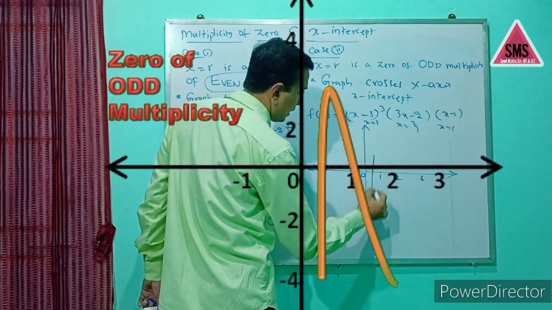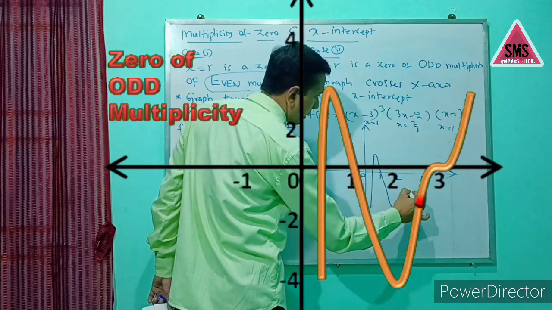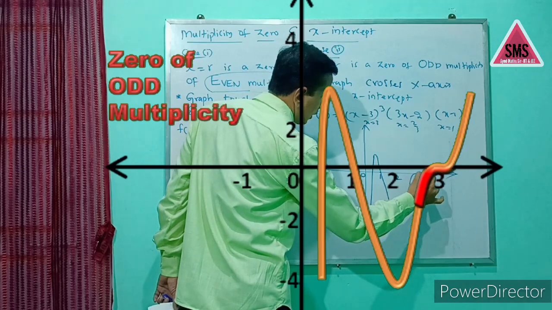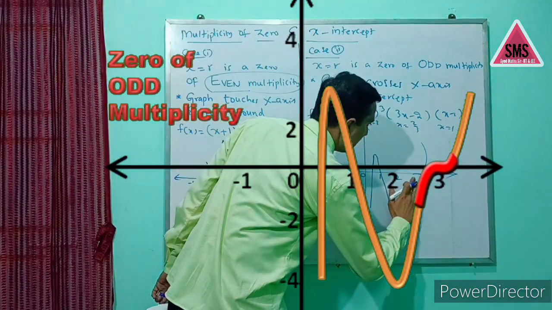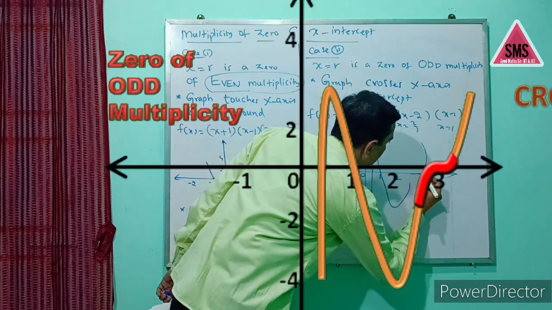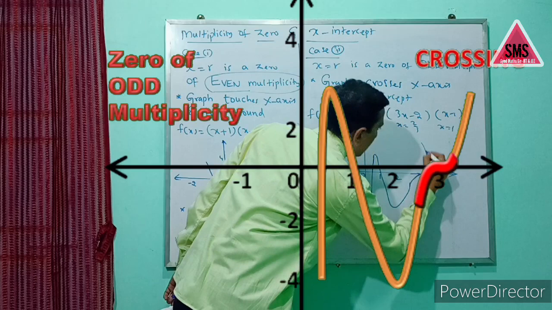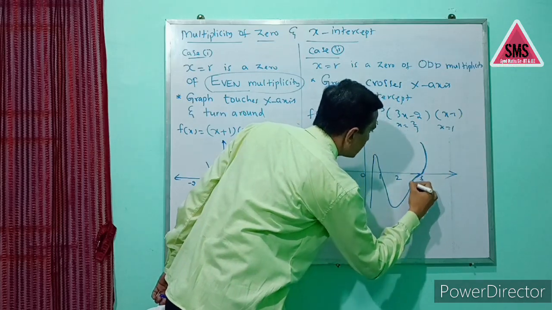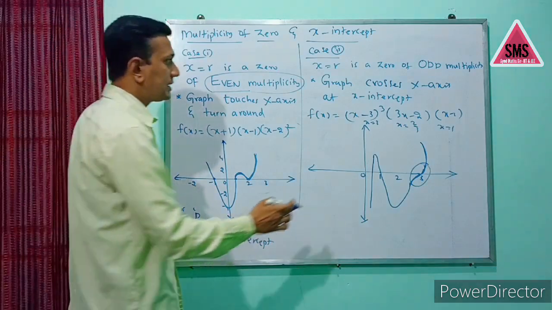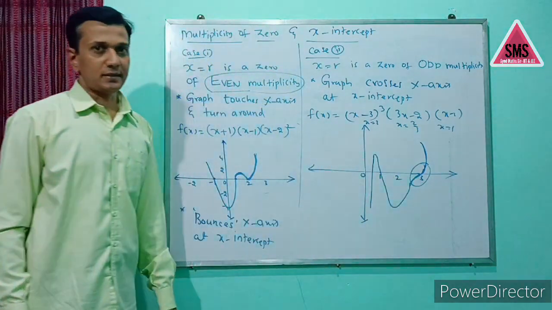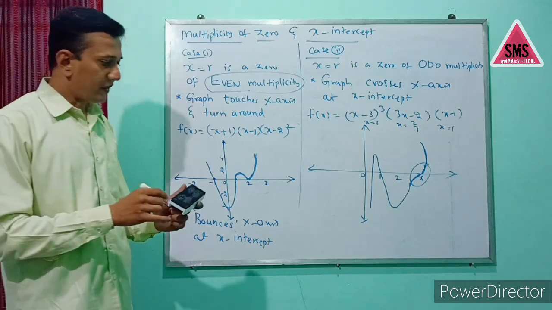So the graph will look like this. What happened here? It is crossing the x-axis at a particular point. This is called crossing.